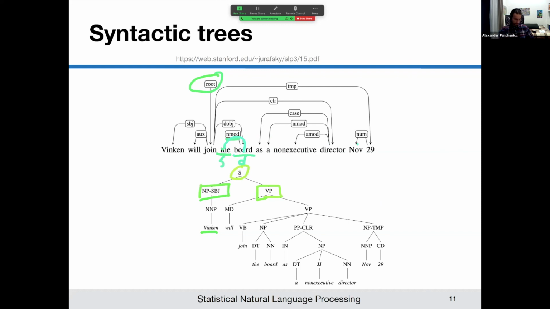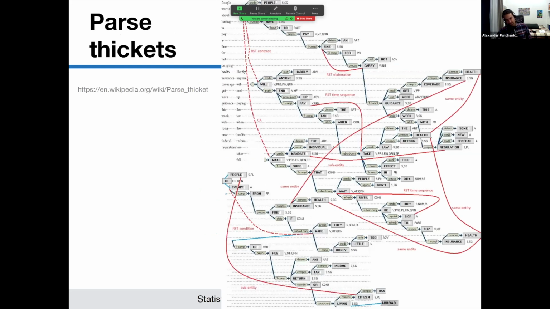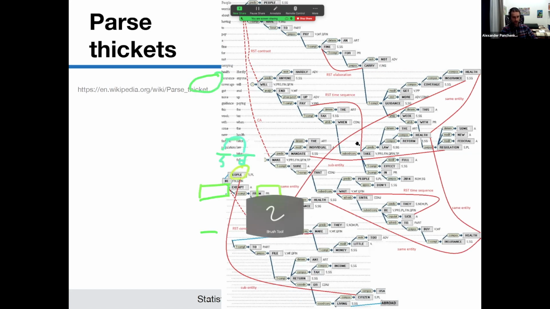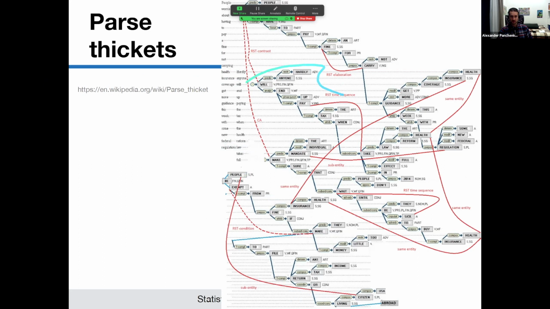And you can use it for something useful, like information extraction. These syntactic trees can be analyzed individually, but you can also think of them as a collection of different trees in a large text.